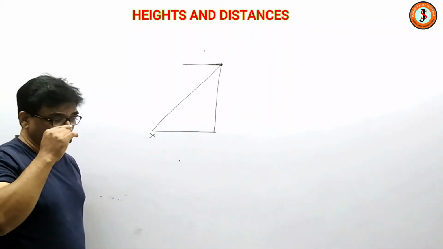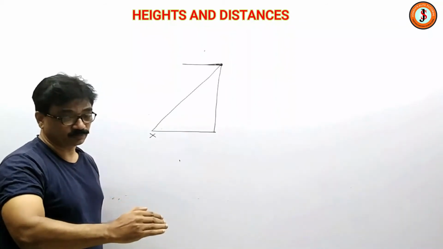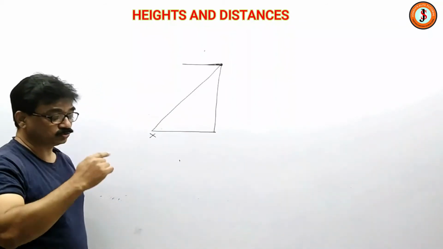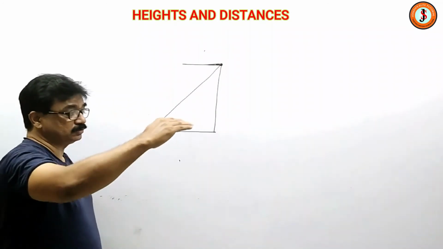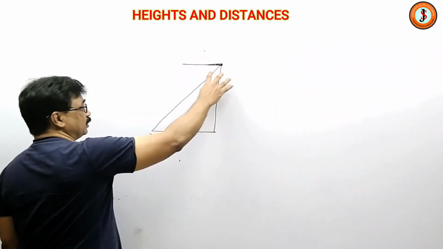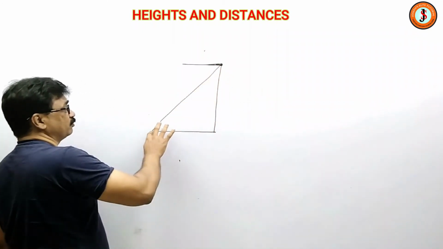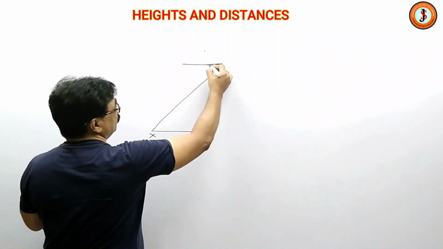Try to remember, angle of depression means the point being viewed is down. You connect the point to the point of observation and the horizontal line passing through it. Your eyes are here, then you are looking down, and this angle is called the angle of depression.